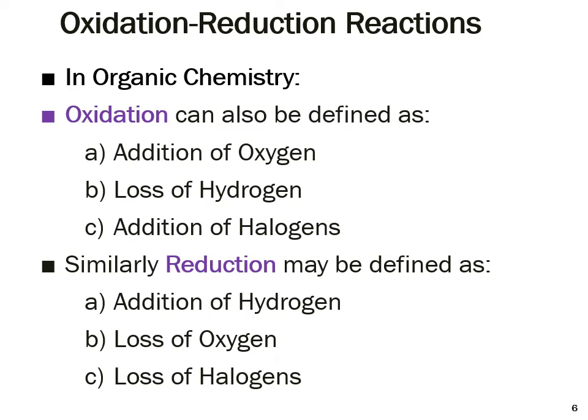All these processes will be termed as an oxidation reaction. Similarly, reduction is exactly the opposite. That may be defined as addition of hydrogen, loss of oxygen, or loss of halogens. These all reactions will be termed as the reduction reactions.